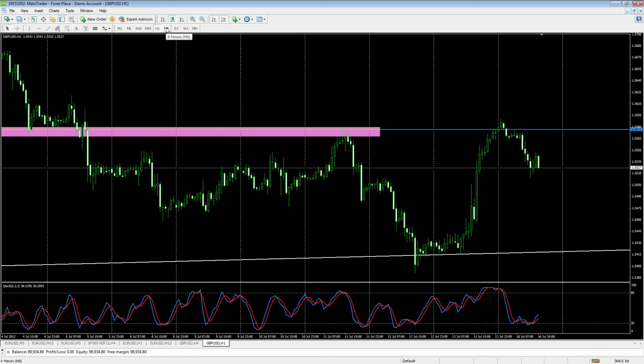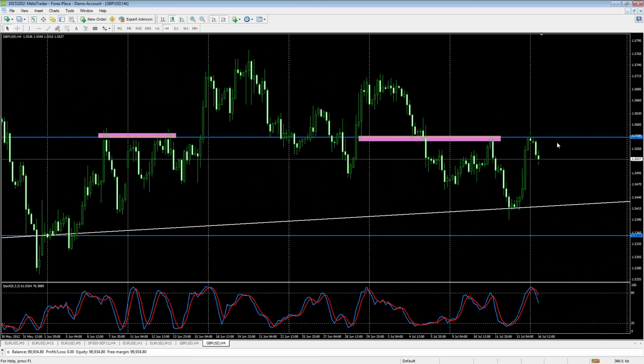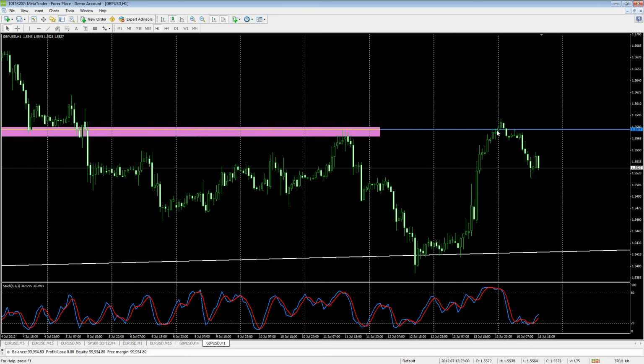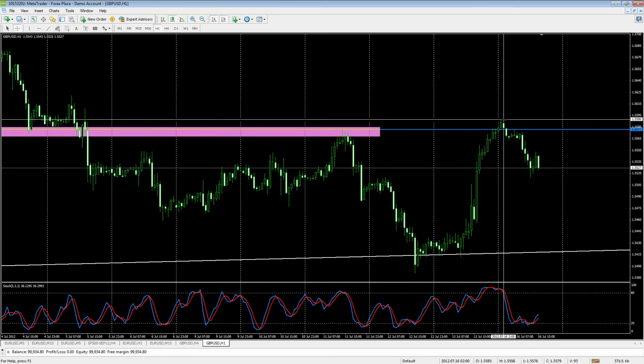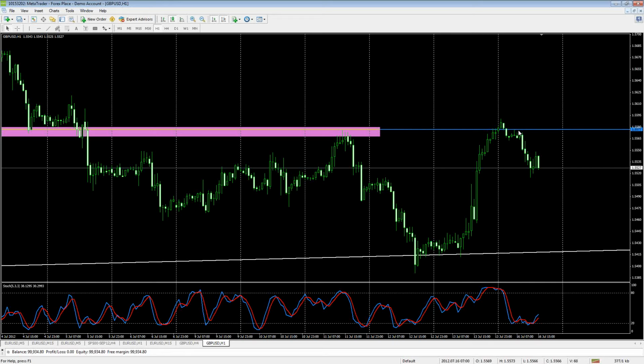So just be aware of these support and resistance levels, and sometimes just be patient and see whether you have to wait for the 4-hour chart, or whether a 1-hour candle is enough. And even if you entered long for some reason on the hourly chart, you said maybe it's going up, you entered long here and you see it close down and retest this line, this gives you an opportunity to close your trade with a small loss.